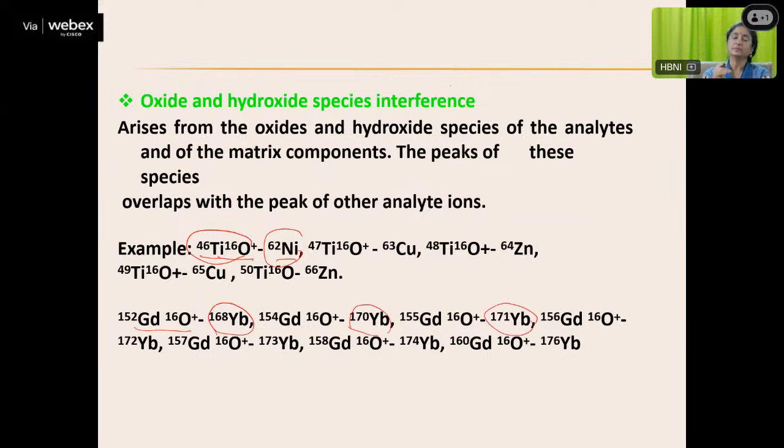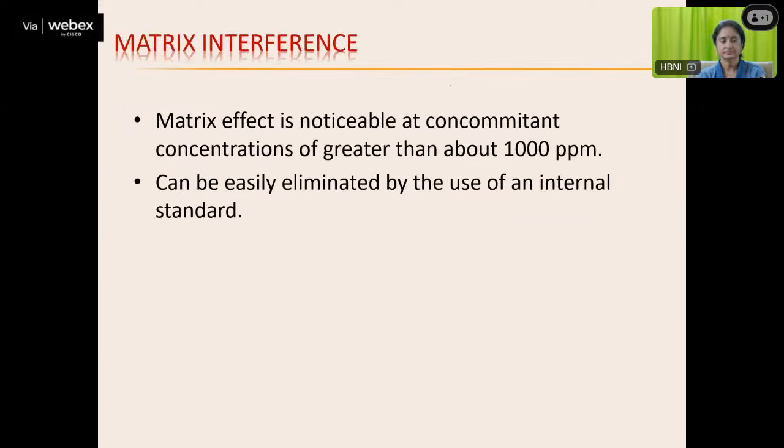When gadolinium is present at a higher amount, it makes a very good contribution at the ytterbium spectra. Sometimes, when there is an interference-free mass, you can take that. But in this case, there is not a single mass of ytterbium free from interference from gadolinium. All the gadolinium oxides coincide with the ytterbium ones. So the matrix interference is also there.